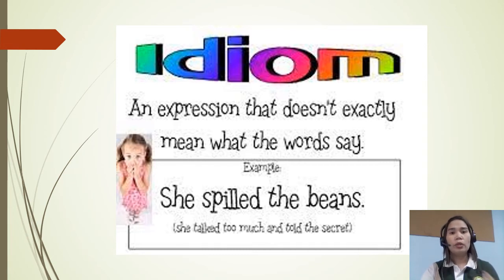So again, you don't have to take the idioms literally. Alright? So we have here an example. She spilled the beans. So we are not talking here about the beans. Okay? But it means that she talked too much and told the secret. That is, she spilled the beans.